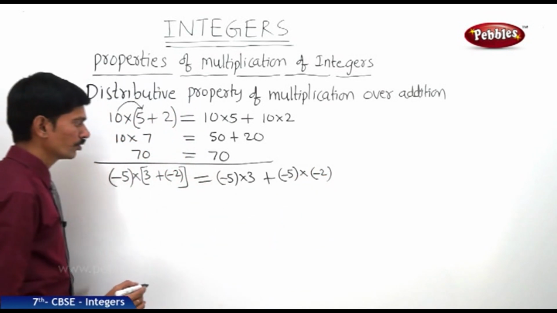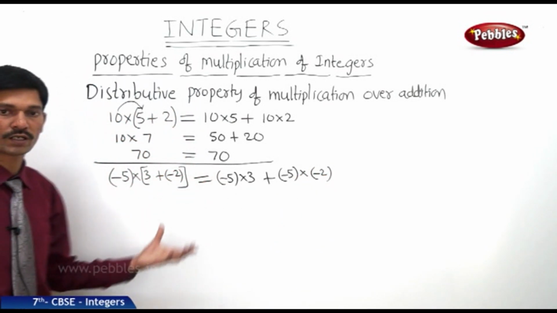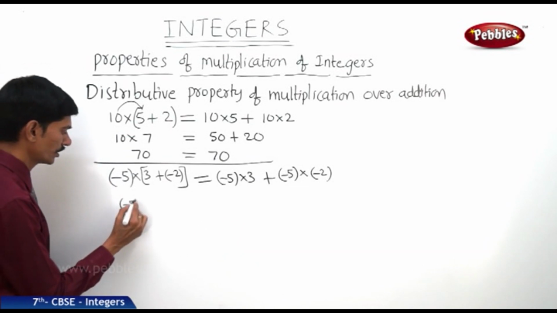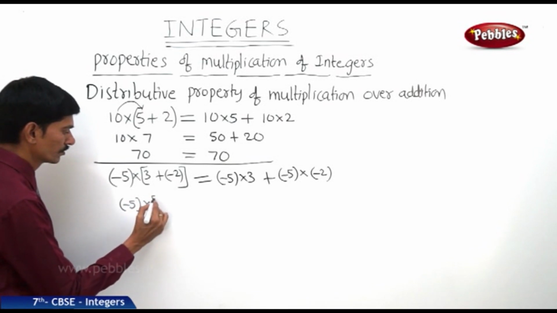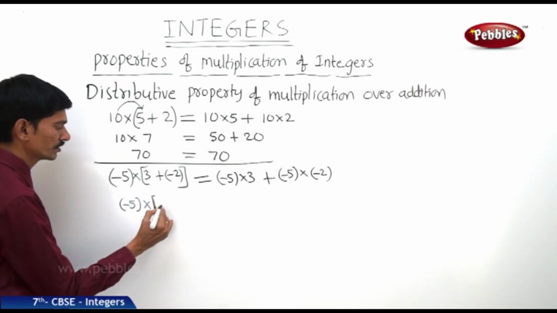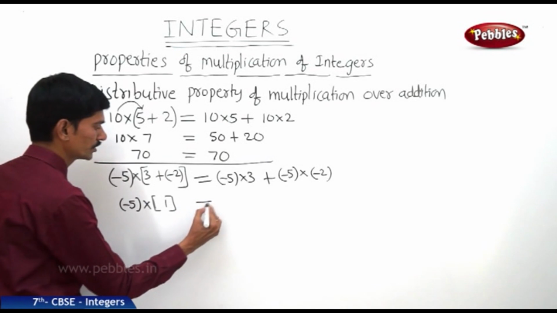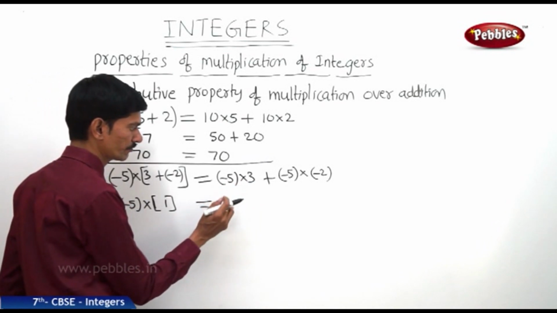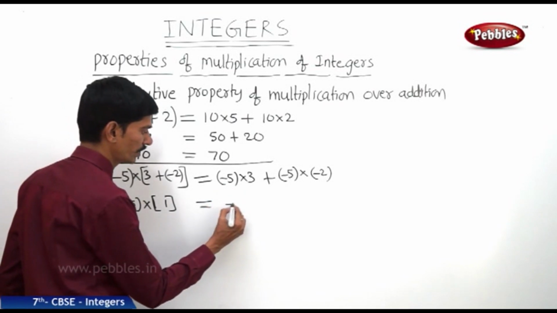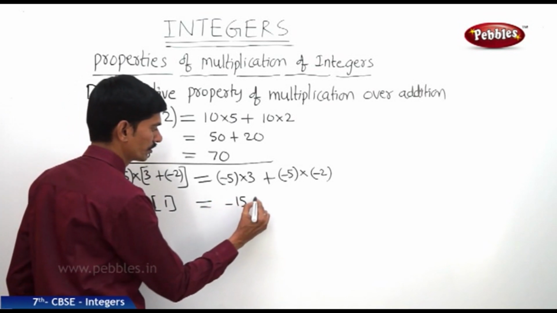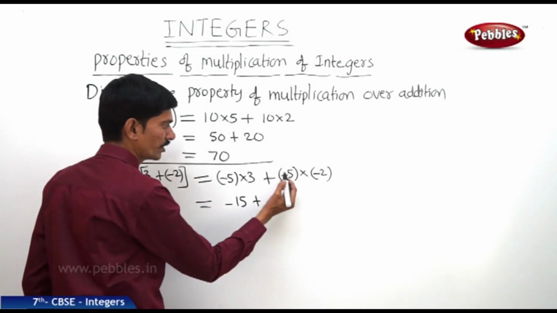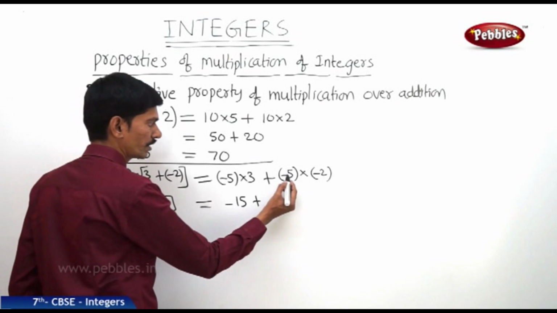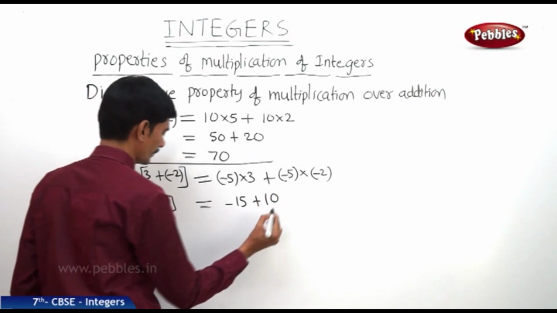Now let us check whether both LHS and RHS are equal or not. First we will do the LHS part. Here -5 into (3 plus -2), and 3 minus 2 is 1. The RHS equals, when you multiply a negative integer with a positive integer, we get a negative integer, -5 3s are -15, plus, when you multiply both negative integers, we get a positive integer, and 5 2s are 10.